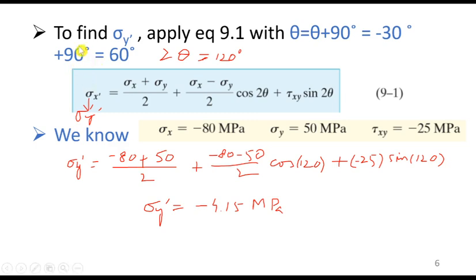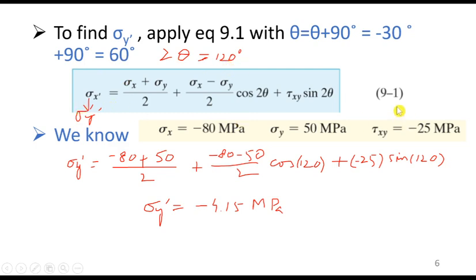One thing is remaining, that is sigma y prime. As we have done in the previous lecture for the derivation of this equation, we just put theta equal to theta plus 90 into equation 9.1. Here theta is minus 30 plus 90, so the answer will be 60 degree, and 2 theta will be 120 degree.